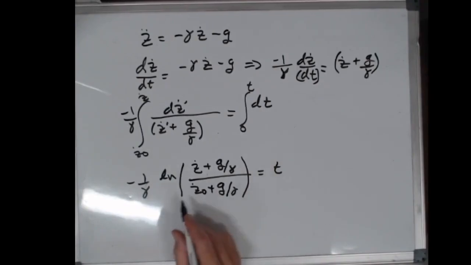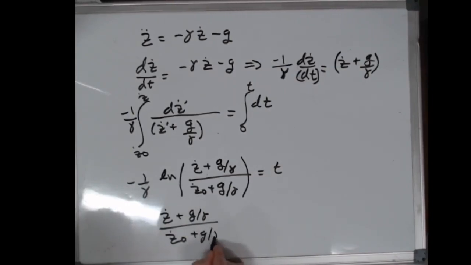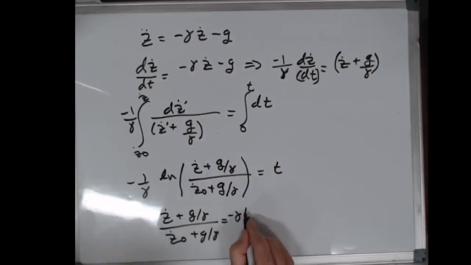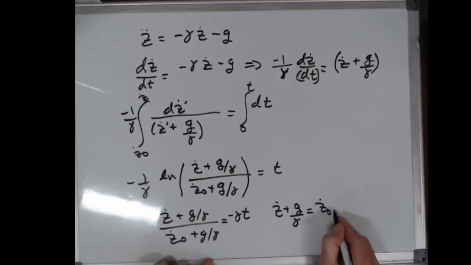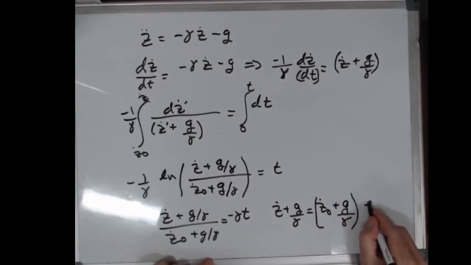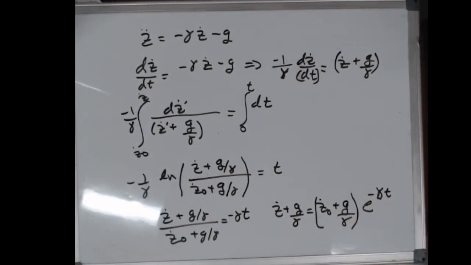Again, I should probably put primes on my integrating variables inside the integrand. I multiply both sides by minus gamma and raise e to both sides, and I get z dot plus g over gamma divided by z dot naught plus g over gamma is equal to e to the minus gamma t, and this gives me z dot plus g over gamma is equal to z dot naught plus g over gamma, e to the minus gamma t. Hopefully you can follow that, and I'll take that to the next screen here in a second.